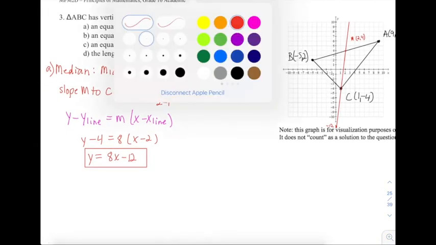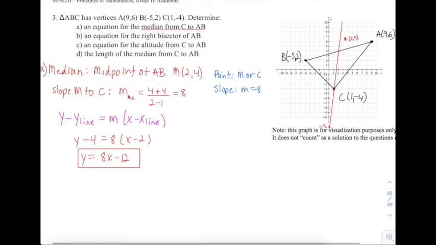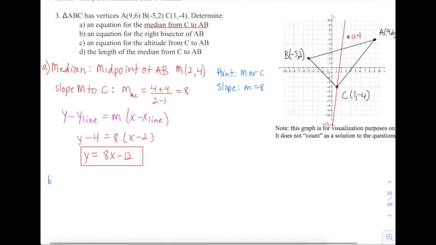Next, let's do the right bisector of AB. Bisector means the midpoint of AB, which I already have.